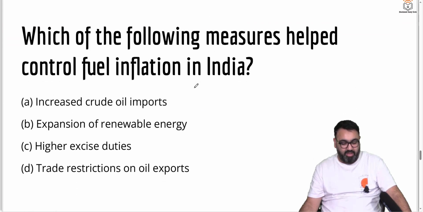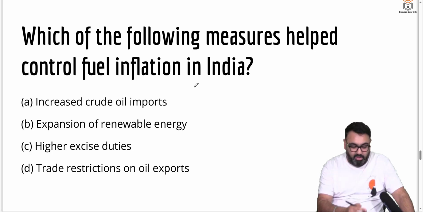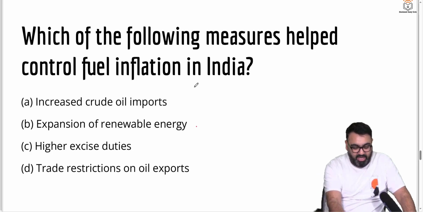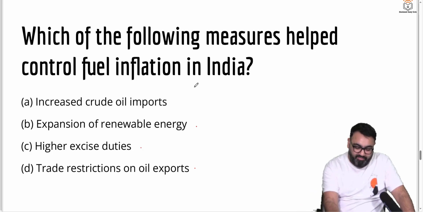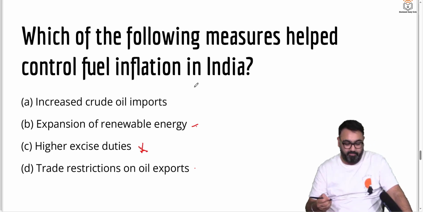One more question. Which of the following measures helped control fuel inflation in India? Again, fuel inflation. We talked about food, now fuel. Increased crude import, expansion of renewable energy, higher excise duties, or trade restriction on oil export. These are the two that we talked about. Higher excise duty, it was actually the opposite of it.